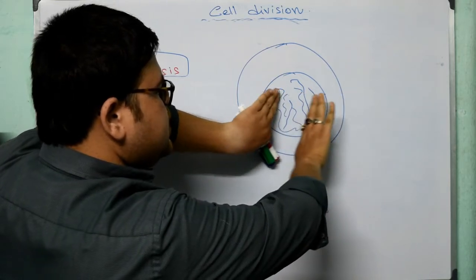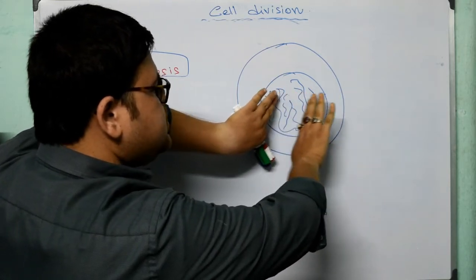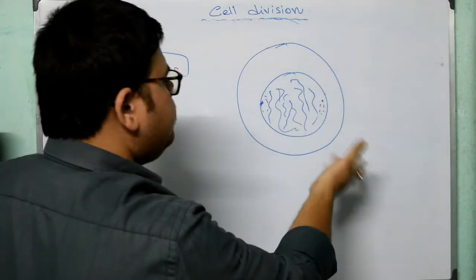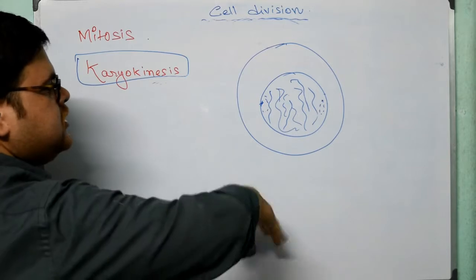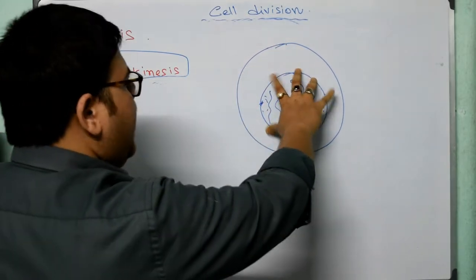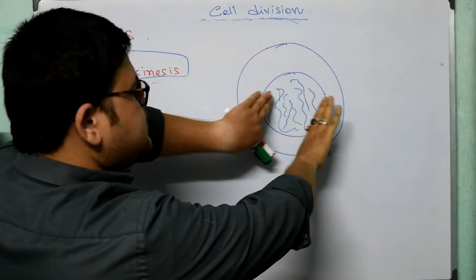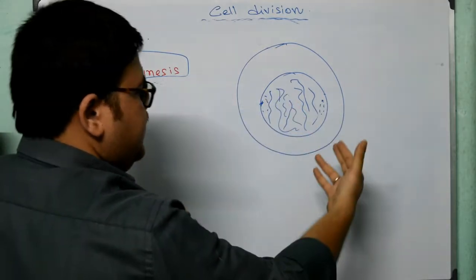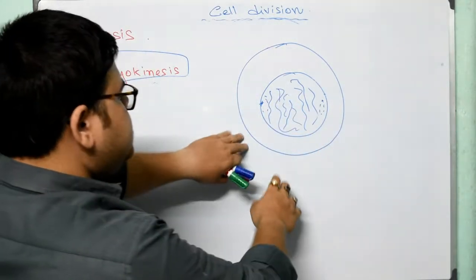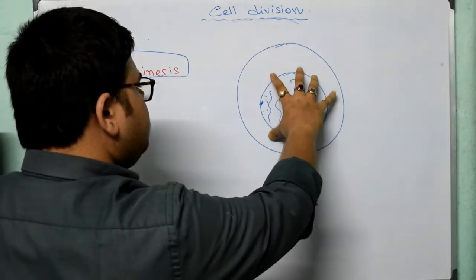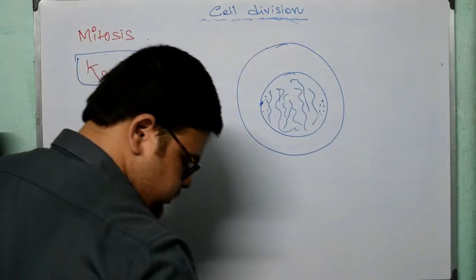Okay, it moves towards the equator, and as it moves towards the equator, the duplicate parts all get formed over here, and when it goes on like this, after a certain time, when the resting phase or all the phases are completed, the nucleus duplicates.